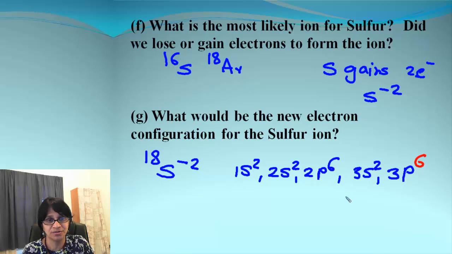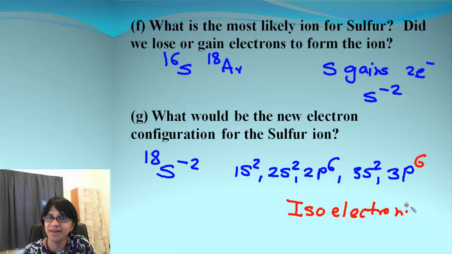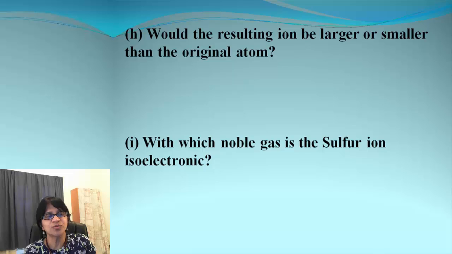So this is almost identical to argon, but it is not argon. It is isoelectronic, having the electron structure similar to a noble gas.